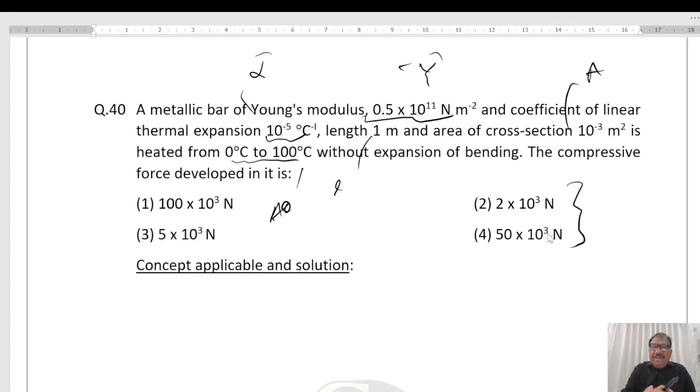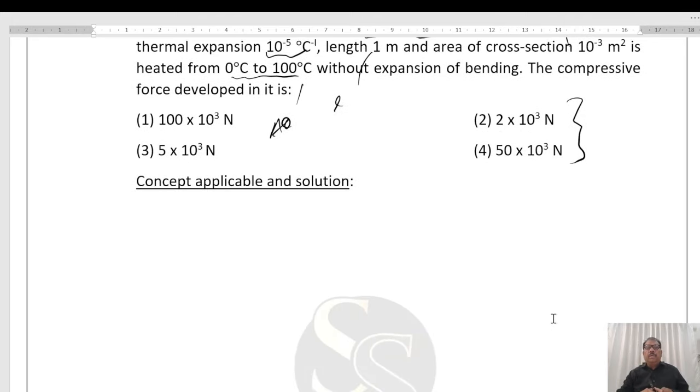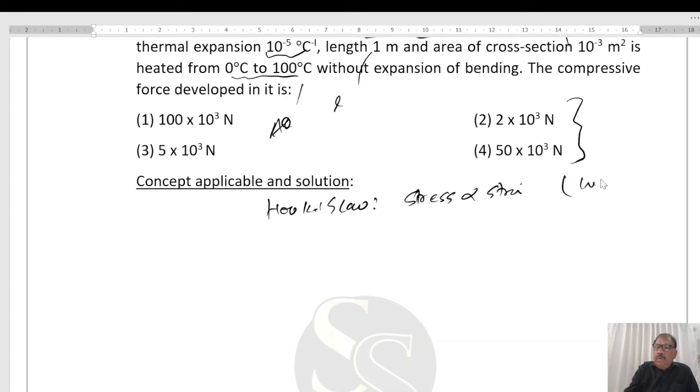There is a direct formula, but before the direct formula, I will use basic concepts applicable in this case, right? You know Hooke's law. Stress is proportional to strain within the elastic limit.